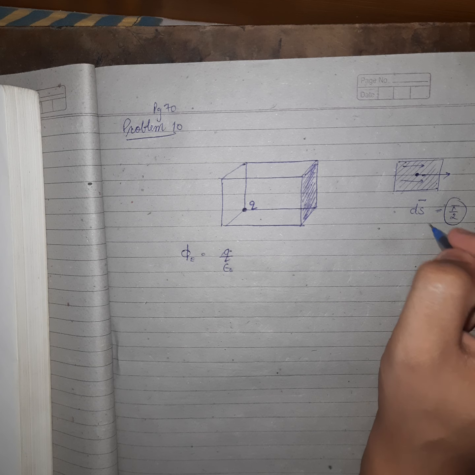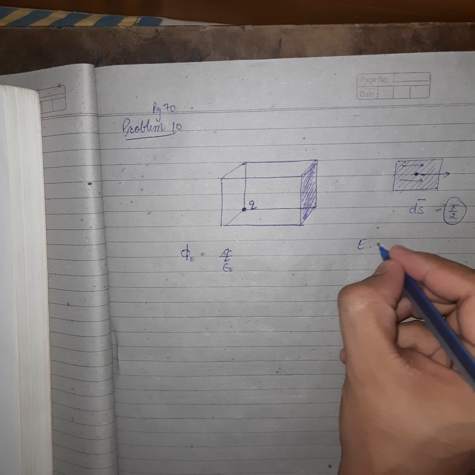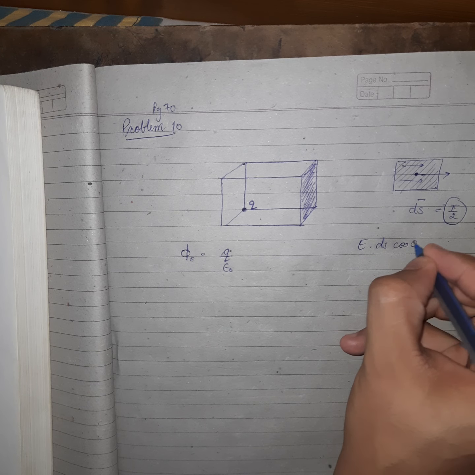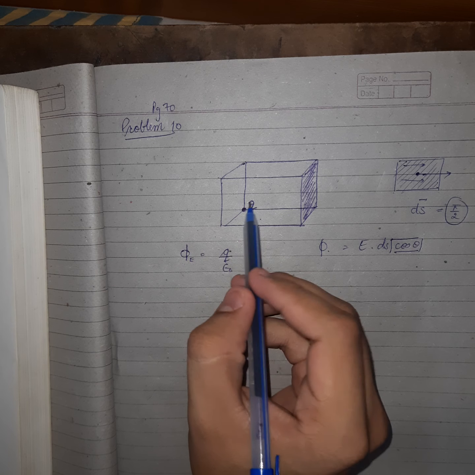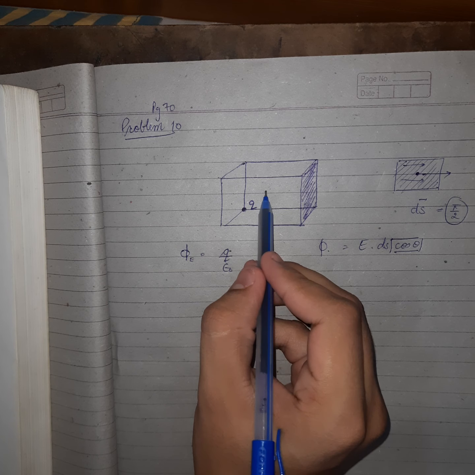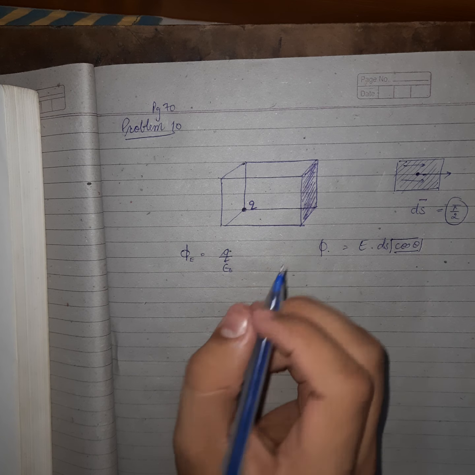All right, so flux is E dot ds, which is E ds cos theta, but if theta is 90 degrees, then flux is zero. So we understood one simple concept: whenever the charge touches the surface, the flux through that surface is zero.